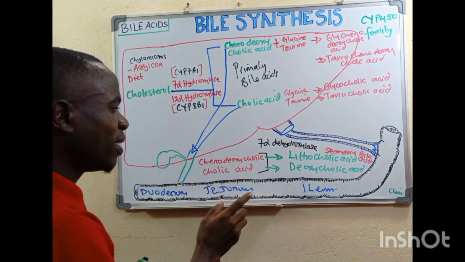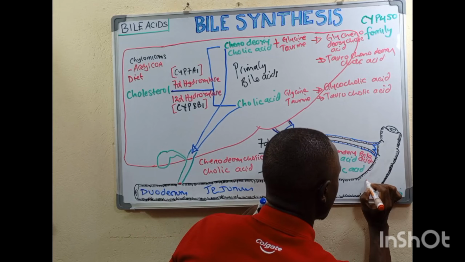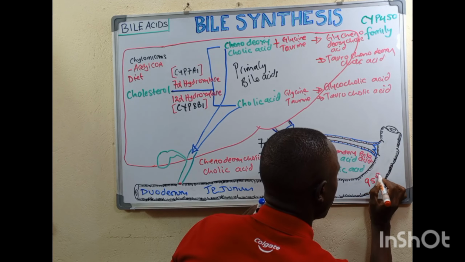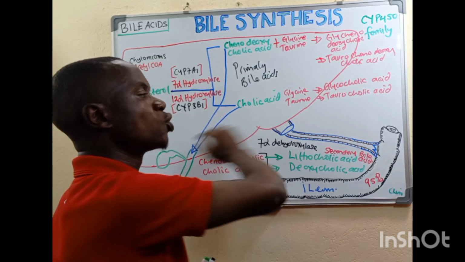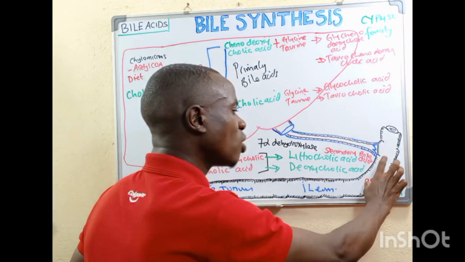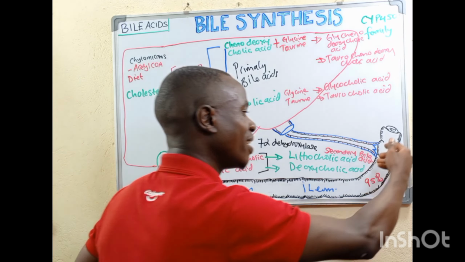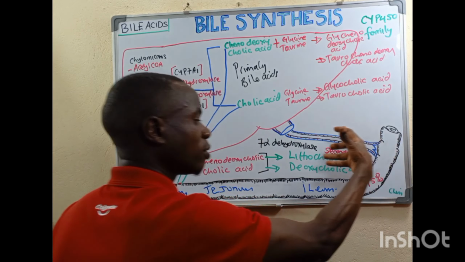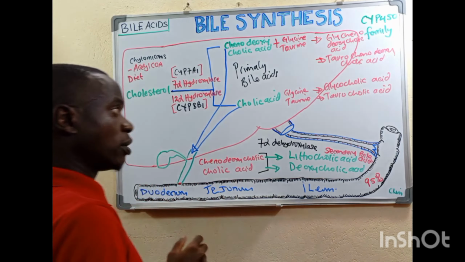Approximately 95% of these secondary bile acids are absorbed back to the liver. They are absorbed by the enterocytes, especially in the terminal ileum, through the superior mesenteric vein, and taken back by the great vessel.